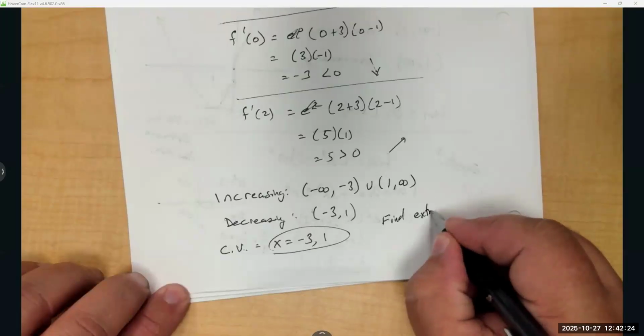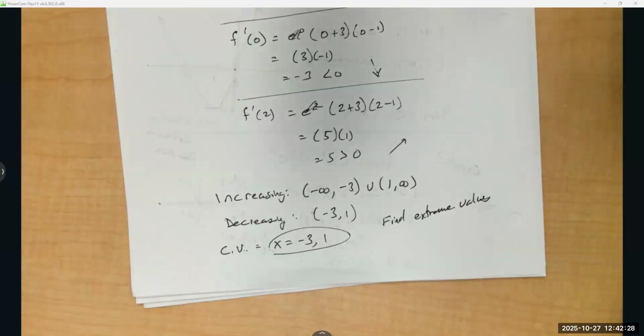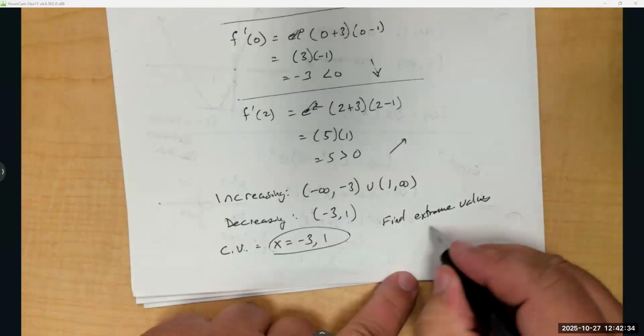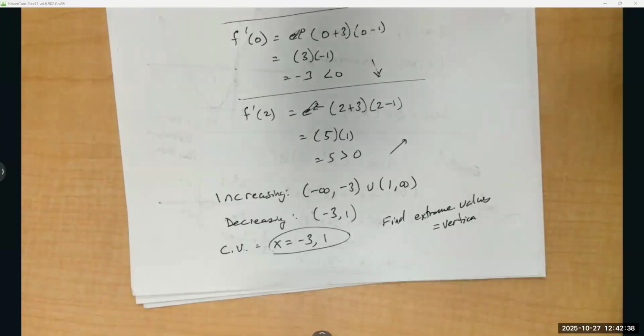How would we do that? How do we find the extreme values? When they say extreme values, they're asking for the vertices. How do we find the vertices?